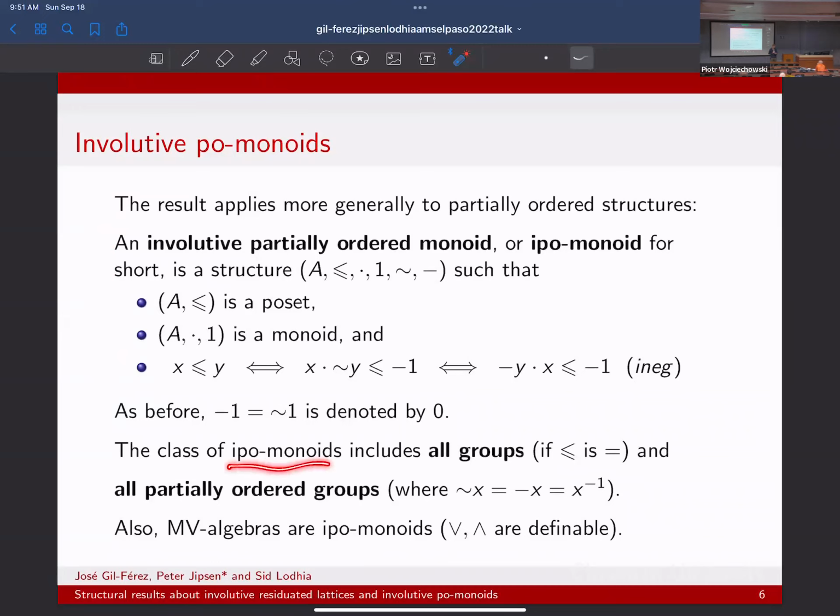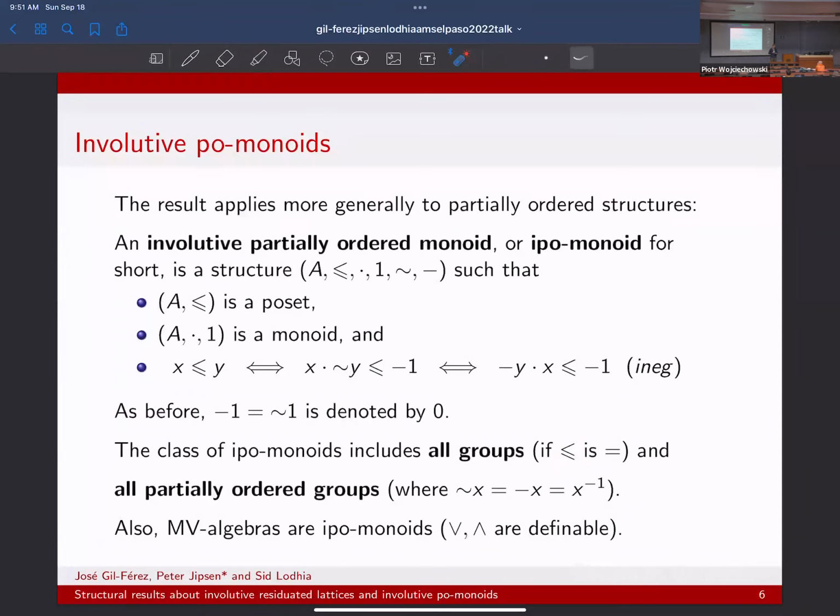But also the class of IPO monoids is much bigger. It includes all groups. It's really the generalization of group theory to ordered structures. Groups are obtained if you just restrict the partial order to be the identity relation. You get ordinary groups.